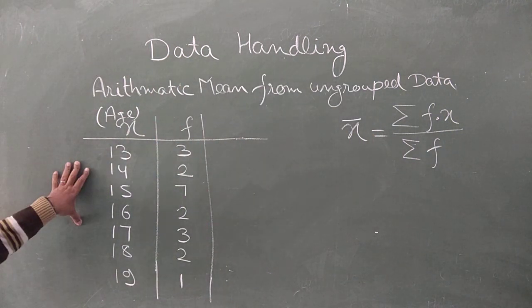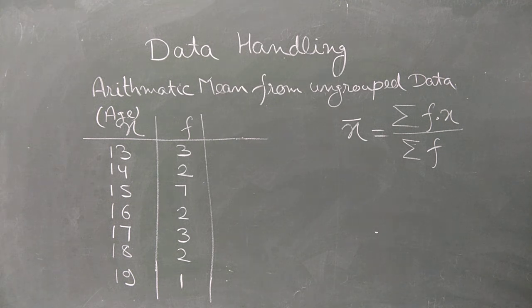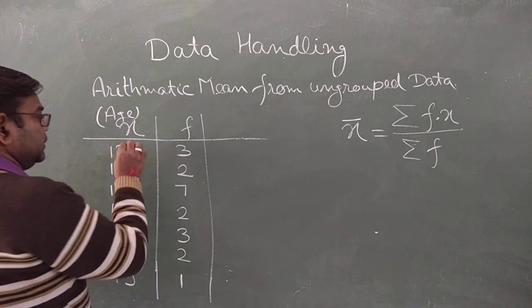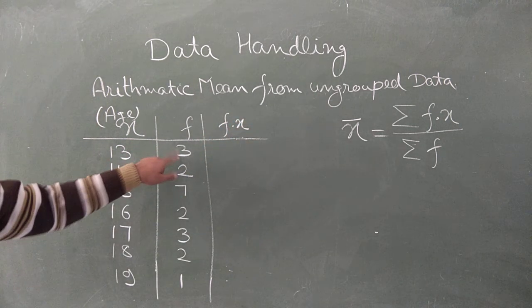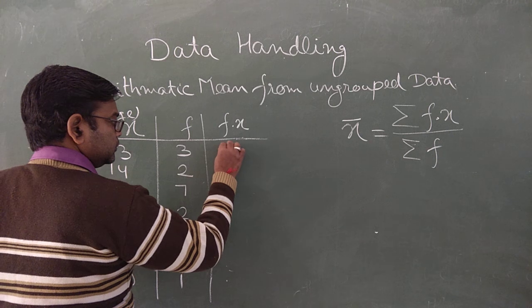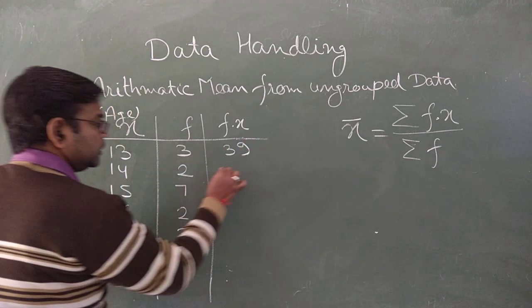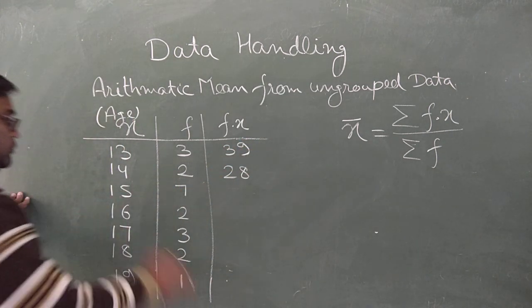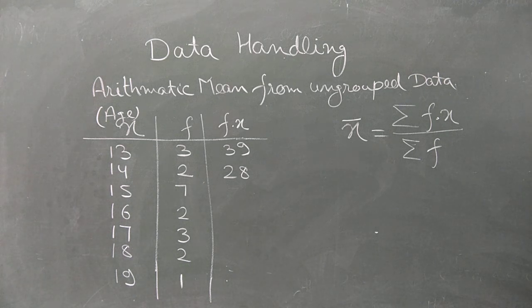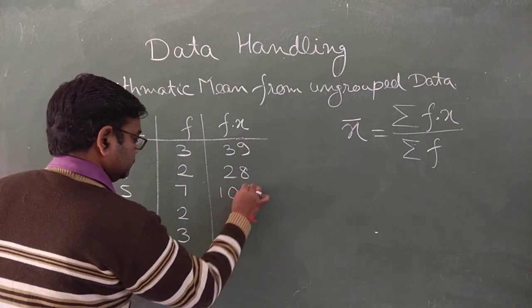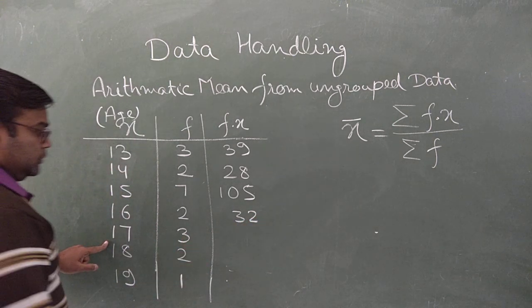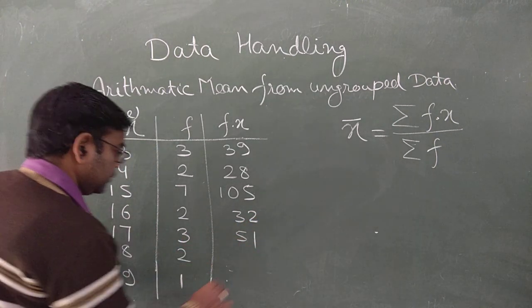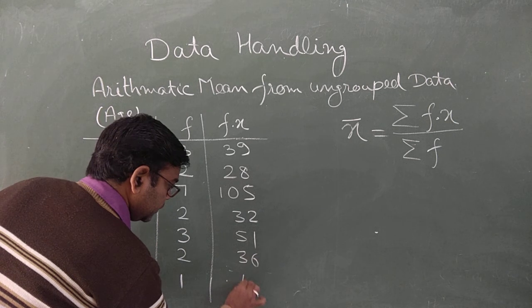So if this table is given to you, from this we first find out fx, meaning this into this. So what is fx? 13 threes are 39, 14 twos are 28, 15 sevens are 105, 16 twos are 32, 17 threes are 51, 18 twos are 36, 19 ones are 19.